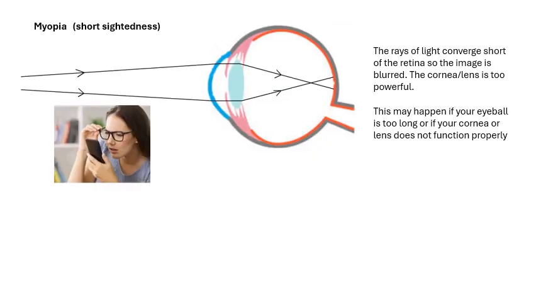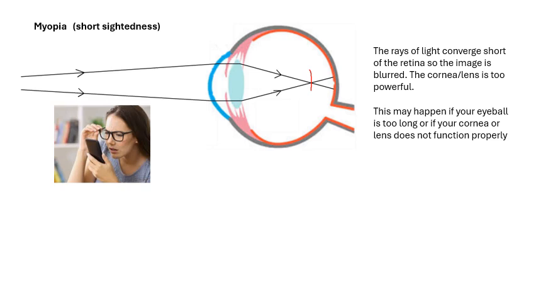So myopia, this person is short-sighted. They're trying to read, and you can tell a short-sighted person because they'll bring it close to the face to try and get it in focus. Basically what's happening is that the rays of light converge short of the retina, so on the retina it's all blurred.